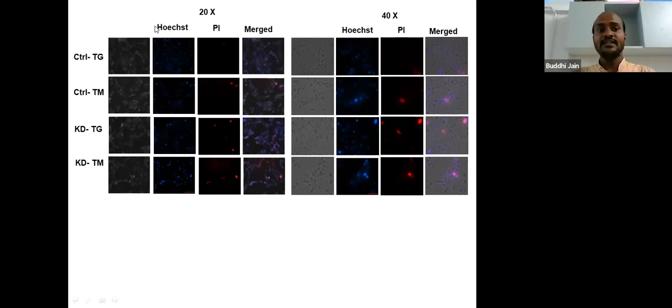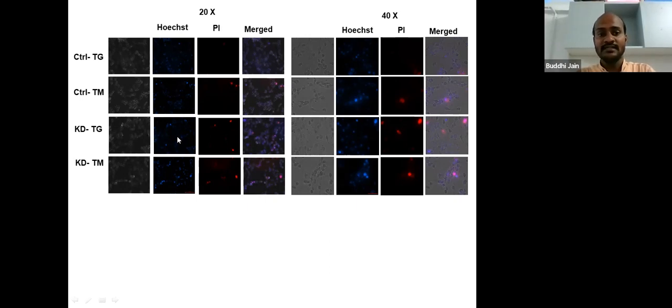The cells stained with Hoechst are the apoptotic cells, the cells stained with PI are dead cells with normal nuclei, and cells stained with both Hoechst and PI are dead cells with apoptotic nuclei.